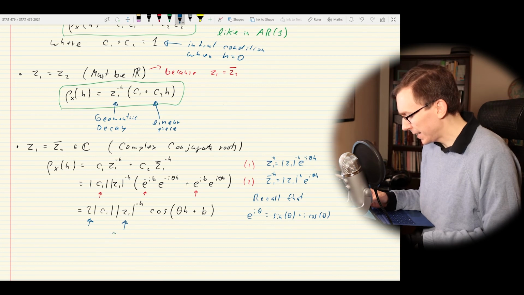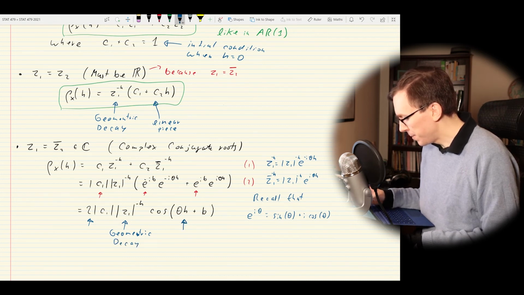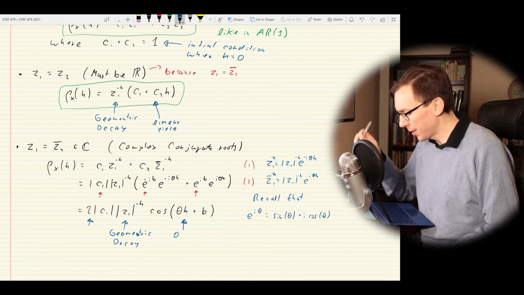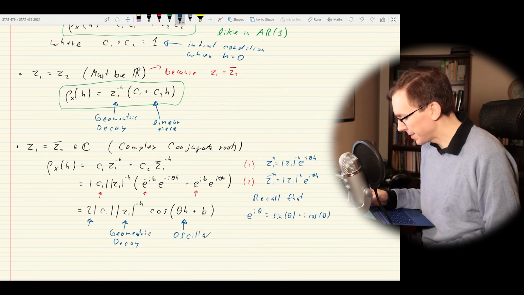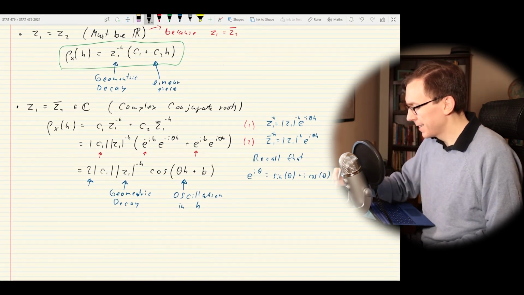Well, it means that yet again, we still have a geometric decay in the autocorrelation. But when we jump over here to the cosine bit, we're going to have an oscillation in h. So this is quite neat.